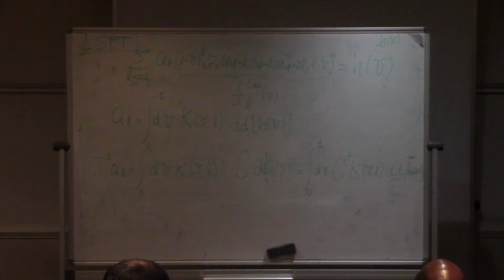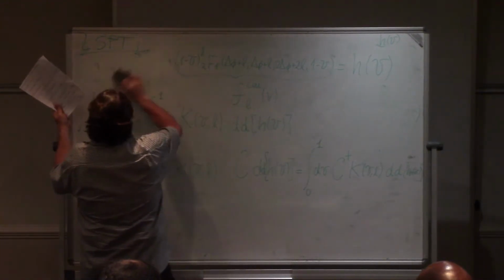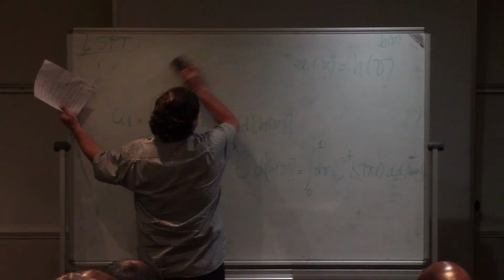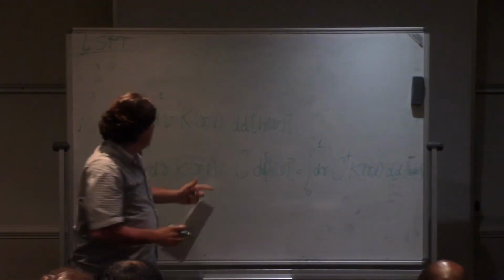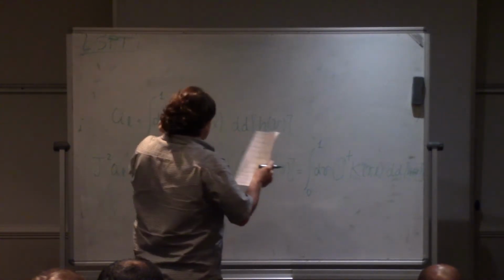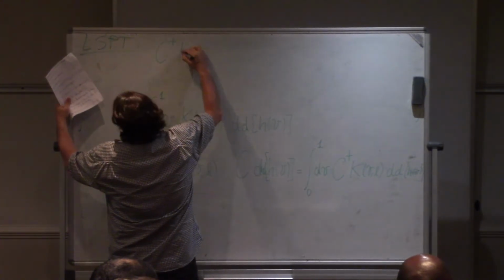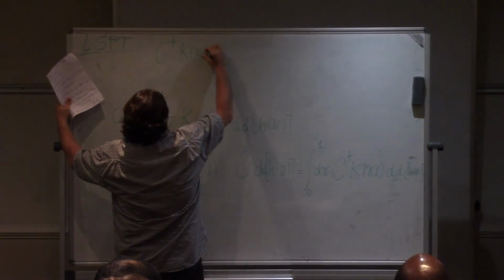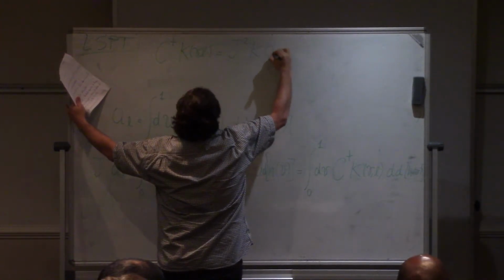But then we stare at these two things. We stare, yes, thank you. We stare at these two things, and then we say, if these two equations are true, and this is supposed to be true for any double discontinuity of any h, then it should happen that C dagger acting on my kernel is the same as J squared acting on the kernel.